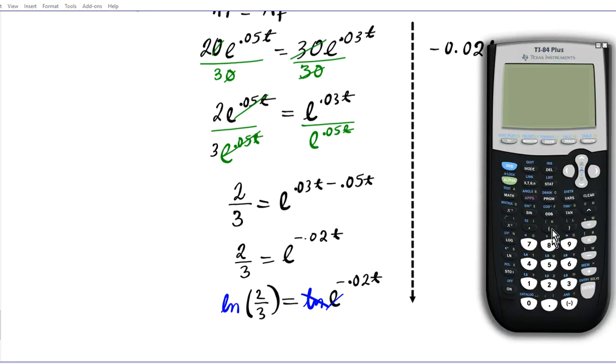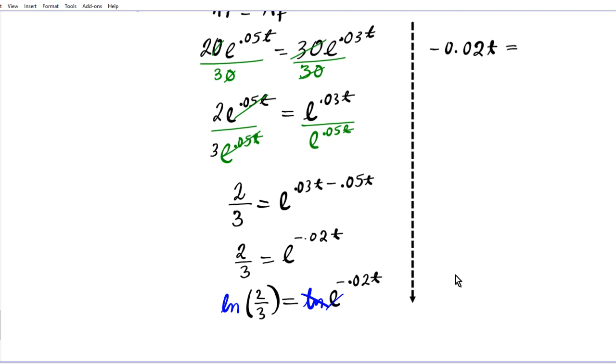We're going to evaluate that with our calculators. The natural logarithm of 2 over 3 is negative 0.4055. And then the last step, we'll divide both sides by negative 0.02 to get t isolated.